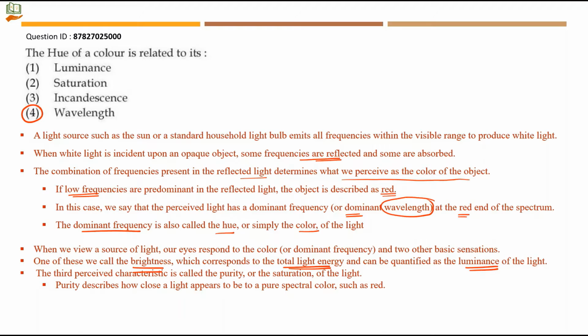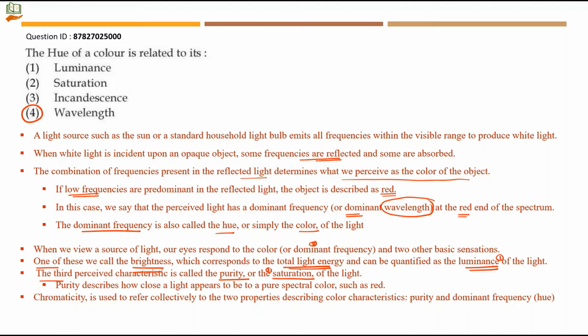The third perceived characteristic is called the purity or saturation of the light. So purity is saturation. Purity describes how close a light appears to be to a pure spectral color such as red. So saturation is about purity. So they say one of these and they have given the third. It means luminance, then we have hue, then we have saturation.